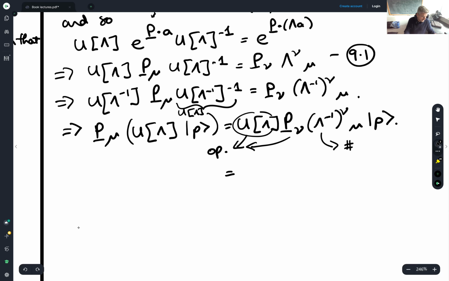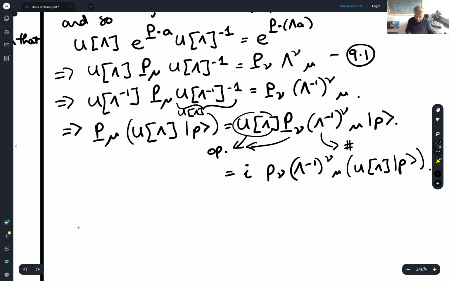So on this right-hand side now, this operator just doesn't see the number and acts directly on the state to give us an extra factor of i p nu. So we see what this U of lambda operator does to the p mu operator. It gives us this lambda to the -1.